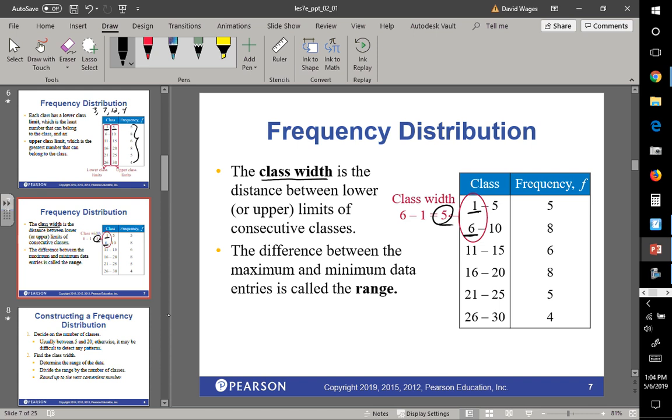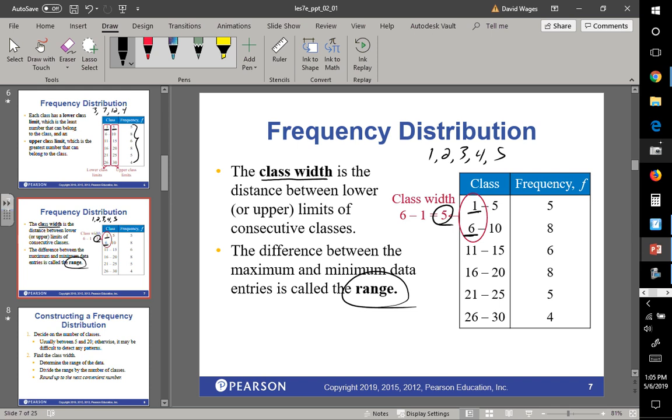Notice the first class, 1 through 5. How many numbers are in that class? Well, there are 5. So taking the difference between two consecutive lower class limits or two consecutive upper class limits will tell us that class width.